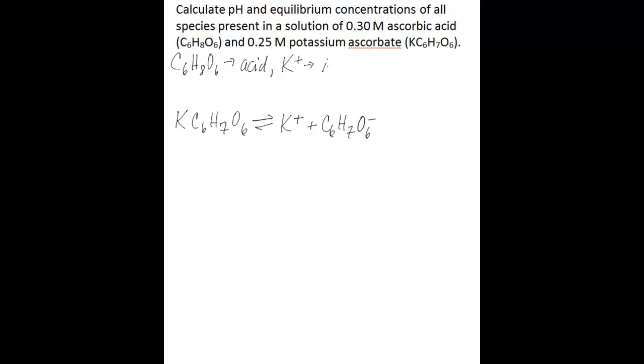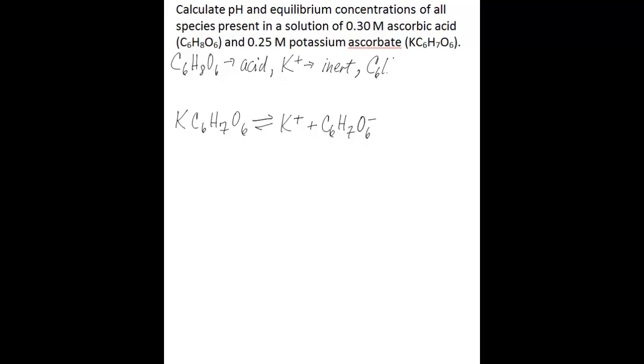Potassium is inert, so potassium is one of those cations that come from a strong base that do not react appreciably with water and therefore does not participate in the acid-base chemistry or change the acid-base properties of a solution on its own. Another one of the species present is the ascorbate ion.